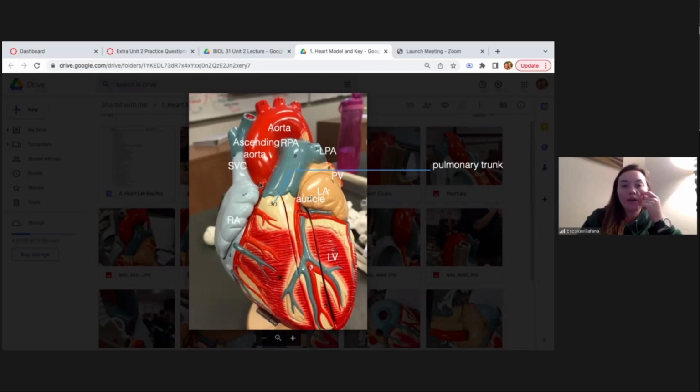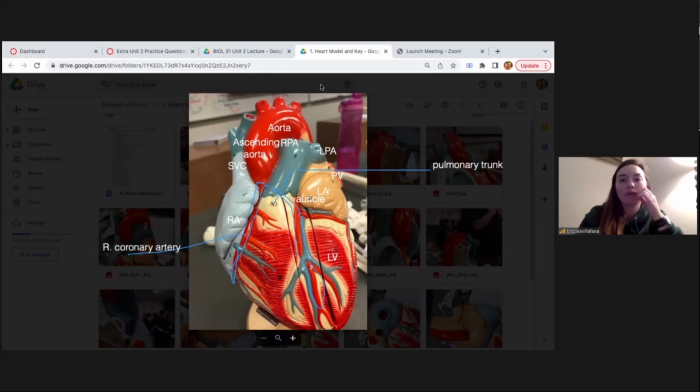Okay. And then the first branch off of the aorta, right, wasn't it the coronary arteries? So you can see that right here. You guys see these red vessels? It has like a number 11, and then there's one over here. So that would be the right and left coronary arteries. This would be the right coronary artery.